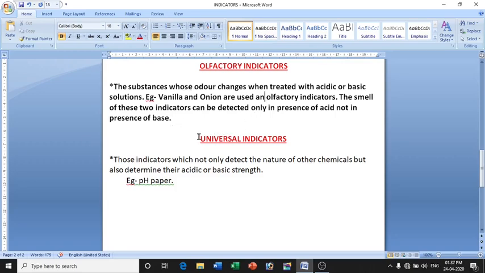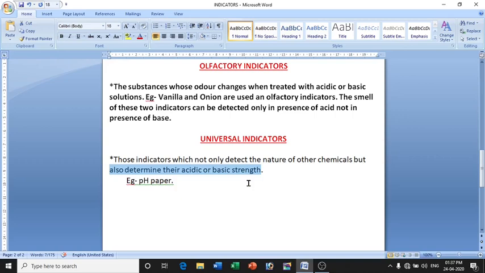So at last we have the universal indicators. This is a very special type of indicator: those indicators which not only detect the nature of other chemicals but also determine their acidic or basic strength. We would like to know how strong an acid or a base is.